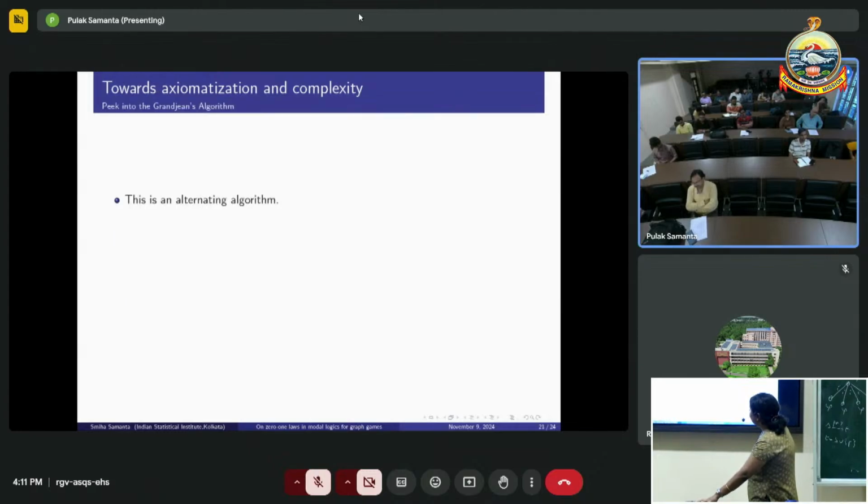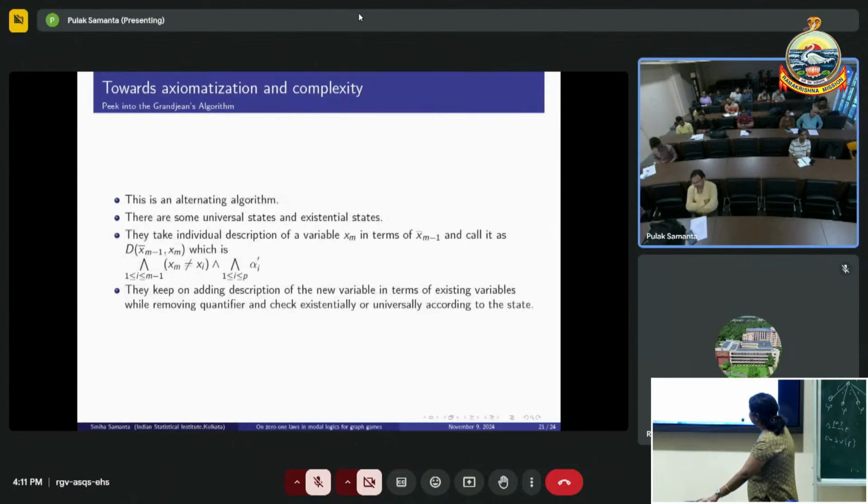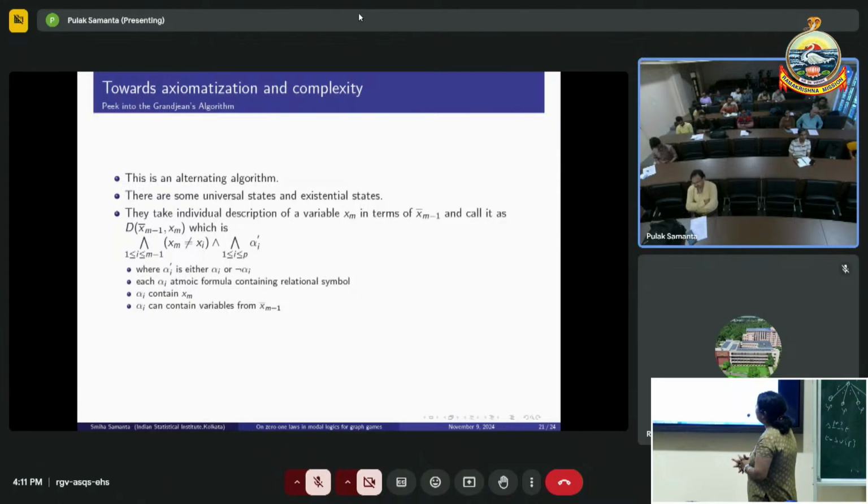Okay, I will skip this. Let's say, in the algorithm to check for first-order logic, it is an alternating algorithm. There are some universal states and some existential states.